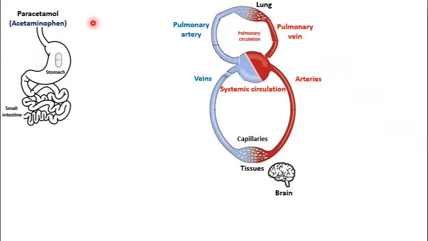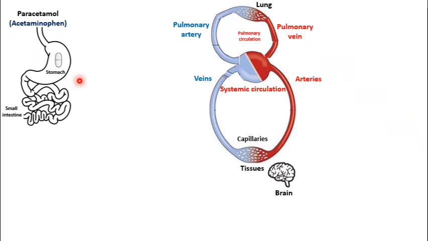But how would paracetamol here, which is dissolved now in the GIT fluid, reach the brain? Alright, GIT, like any organ, the blood is carried away from it in a vein, and every vein carries the blood again to the heart.